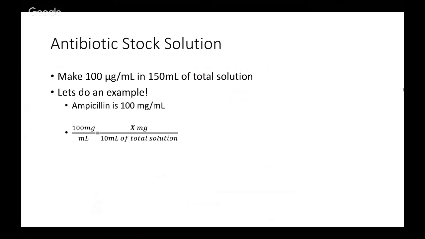Generally, I don't make a ton of working stock because all antibiotics can expire. Antibiotics are also temperature sensitive, meaning if you take ampicillin or any type of antibiotic in and out of the fridge, it can degrade and it can skew some of your results, which is not too great.